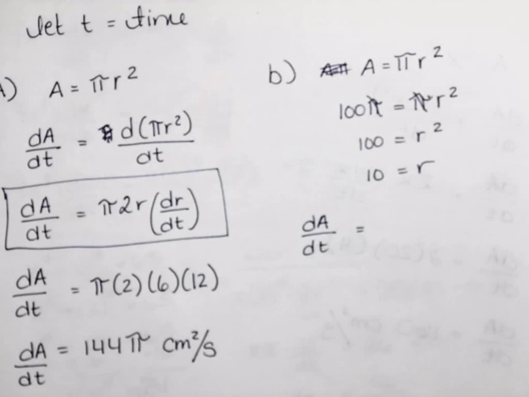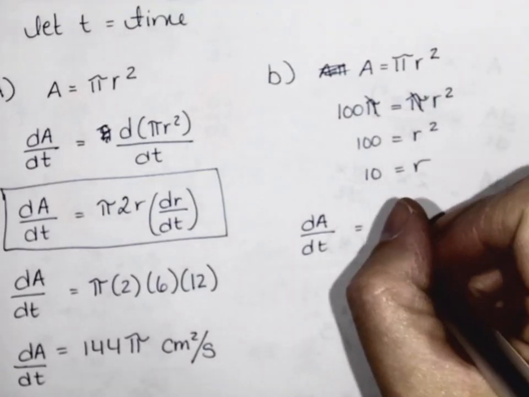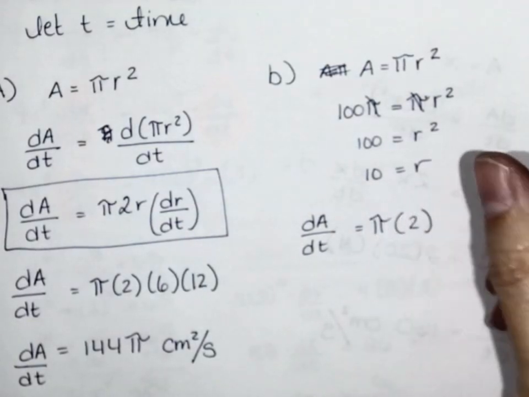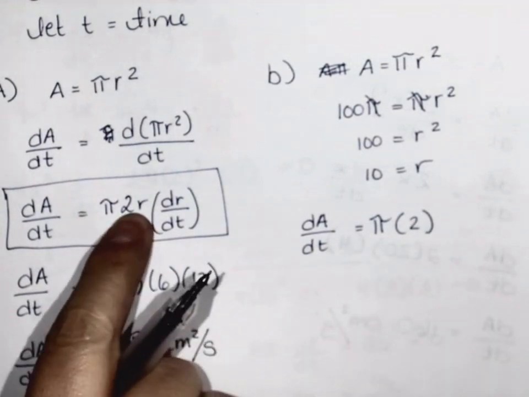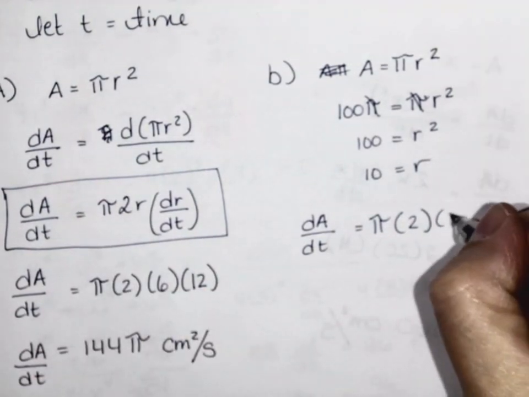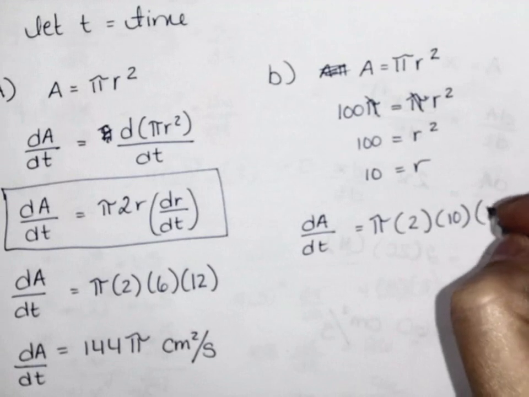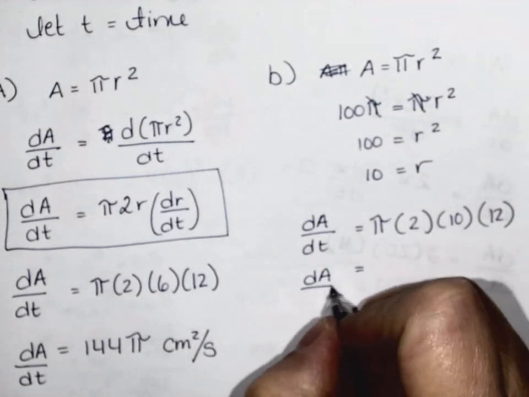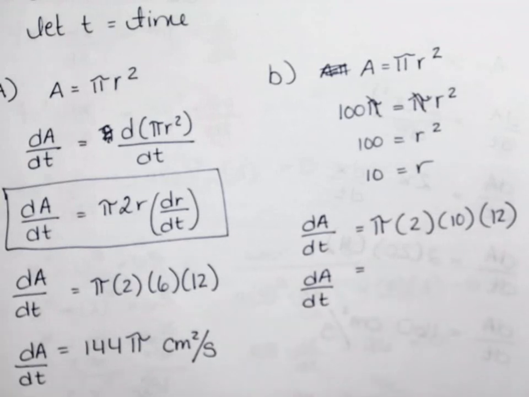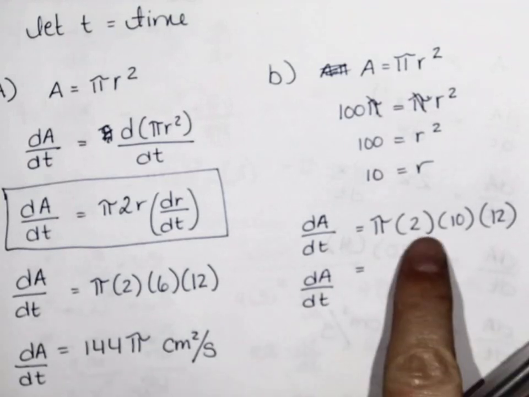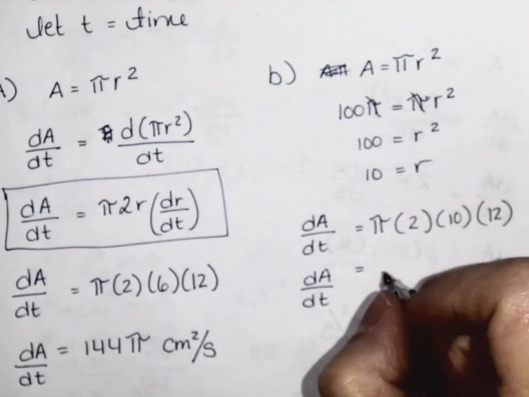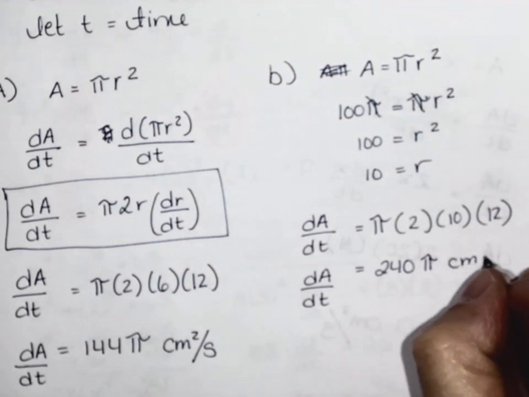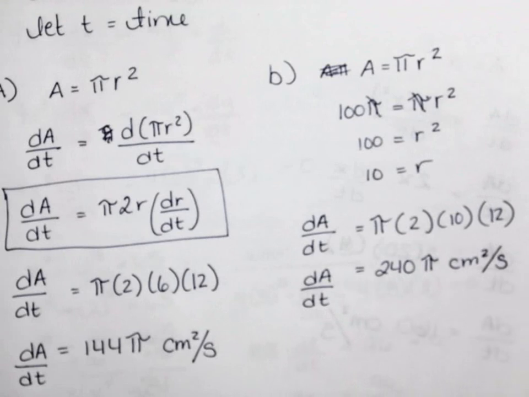But do you get it now? Thanks, got it. Okay, cool. So 2 was in here, and the radius we found was 10, and we know our rate is 12. And we're going to leave it in relation to pi. So I have 20 times 12 is 240 pi centimeters squared per second.